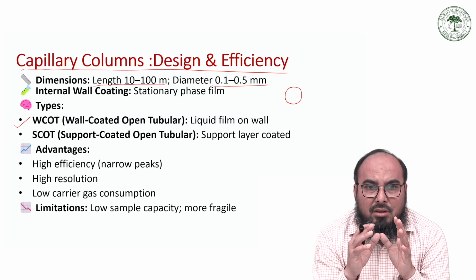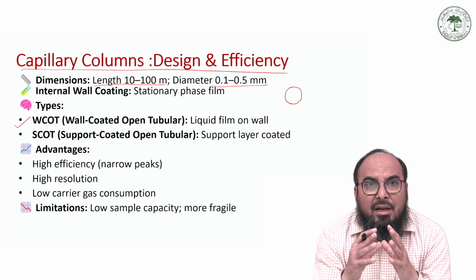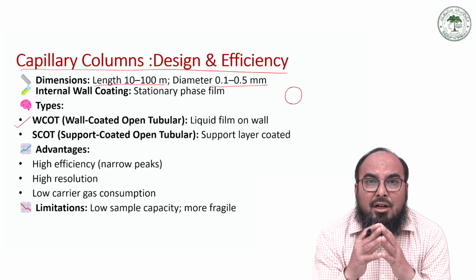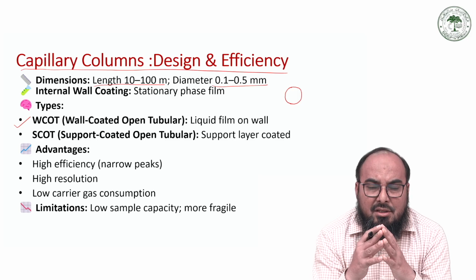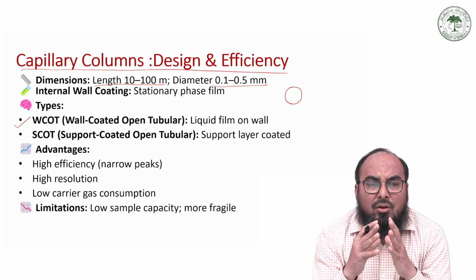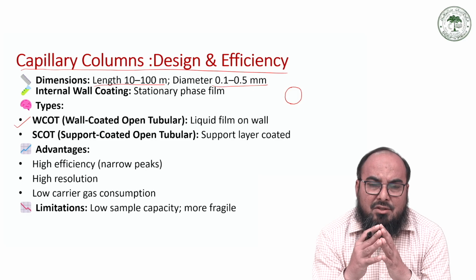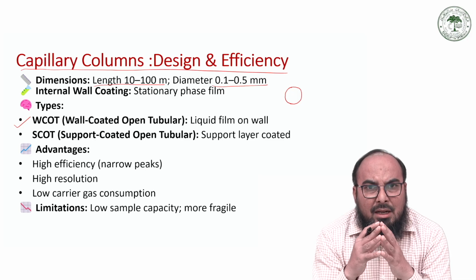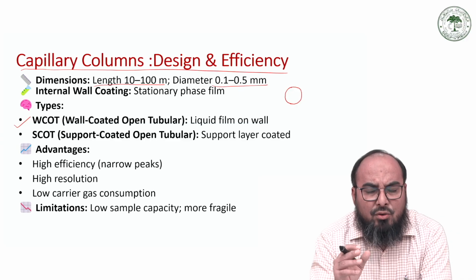Because they have to bear tremendous amount of pressure, and at the same time they have to undergo heating up to 450 degrees centigrade in certain cases. So the substance from which they are made must have high tensile strength. They must have very good thermal stability.